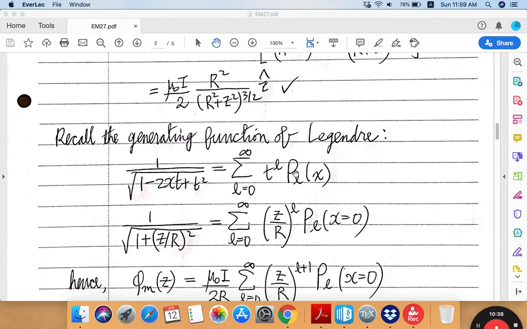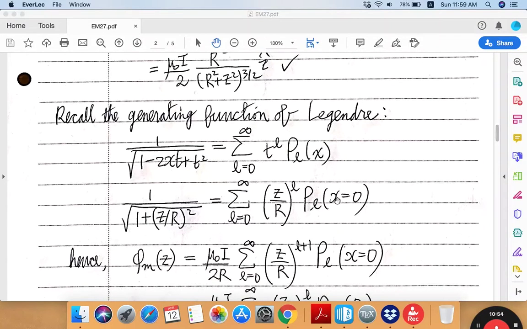So given these infinite series in terms of various powers of t, it turns out that the relevant coefficient at each order is precisely the Legendre polynomial.